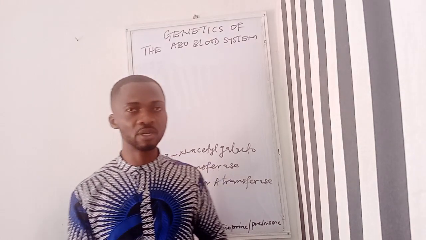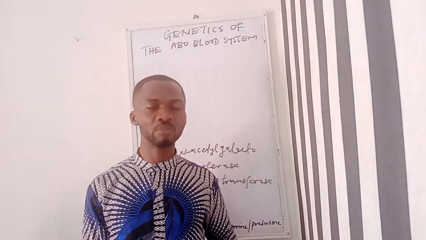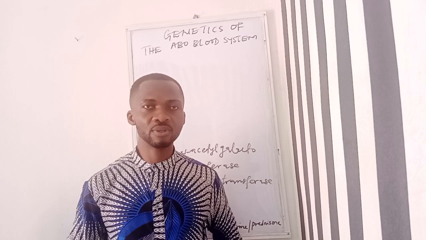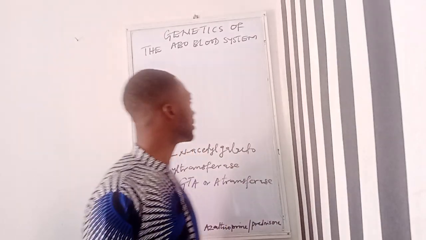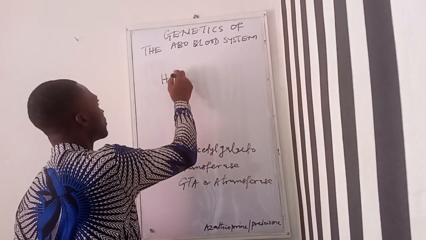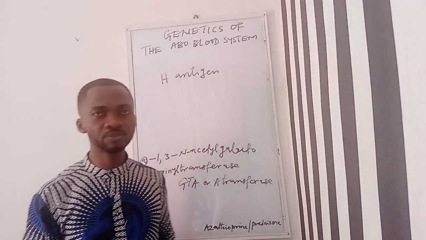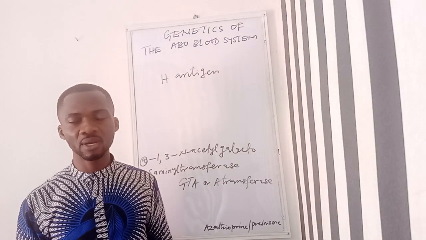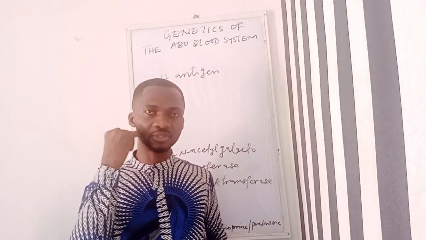The ABO blood system is a classification of human blood, and this system is primarily made up of what we call the H antigen, which is a precursor of antigen A and antigen B. The primary precursor is the H antigen, and this H antigen is a carbohydrate found on the red blood cell.